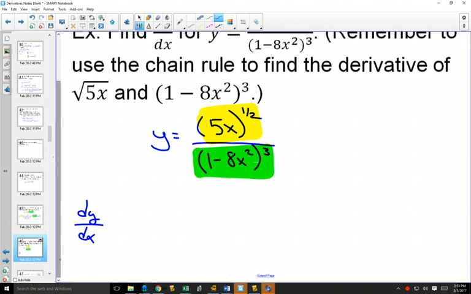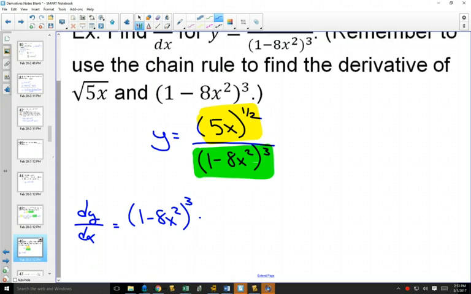So how does the quotient rule work? Keep the bottom one the same. So here's my bottom one, 1 minus 8x squared to the power of 3, multiplied by the derivative of the top one. So when looking at my yellow one, do I have a function inside of a function?